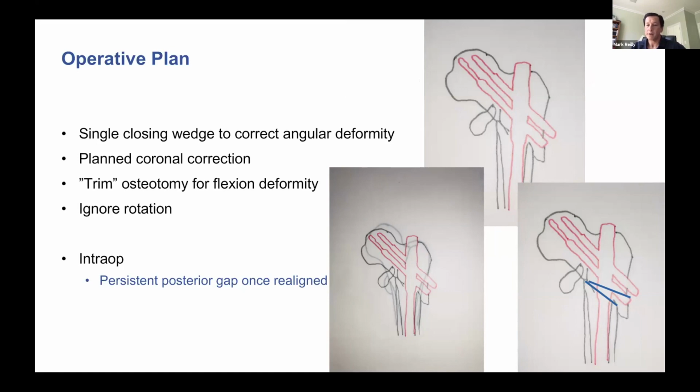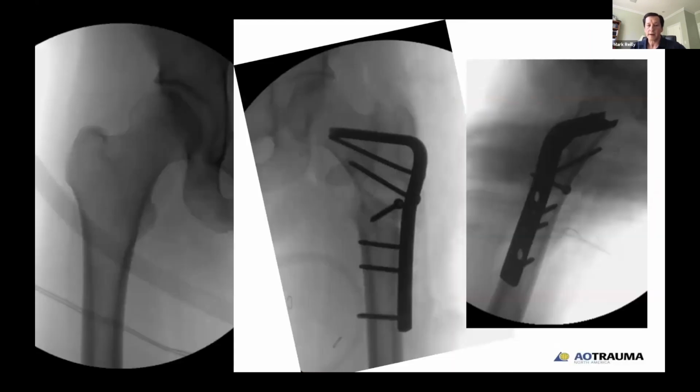And so what happened intraoperatively? Well, I took my planned wedge out and closed it down and was happy with the alignment there. Inserted my implant and just as you would expect, I ended up lining the front of the bone up because I incompletely and inadequately planned the osteotomy, I ended up with a posterior gap.